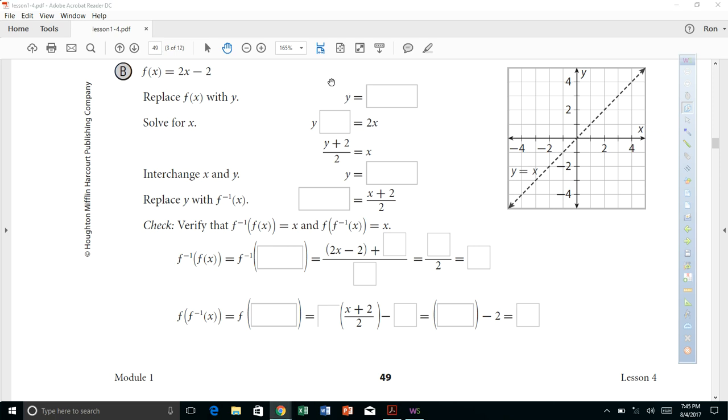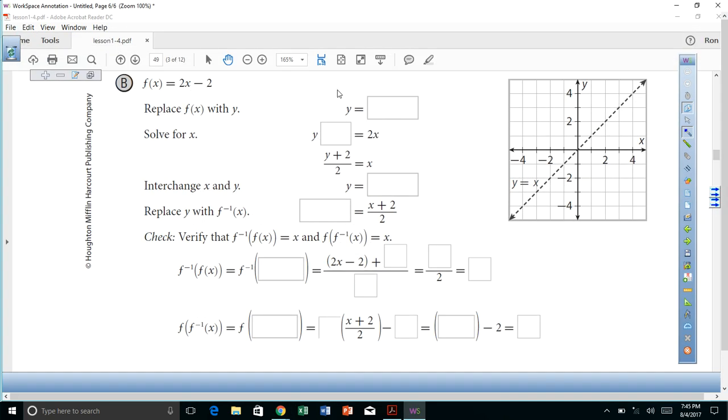I'm glad you're back. So B, f of x equals 2x minus 2. Step one, we replace f of x with y. So we got y equals 2x minus 2. Well, we're going to start undoing that. Let's add 2 to both sides. So we got y plus 2 equals 2x.